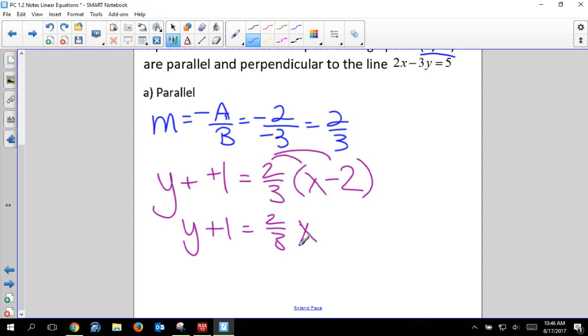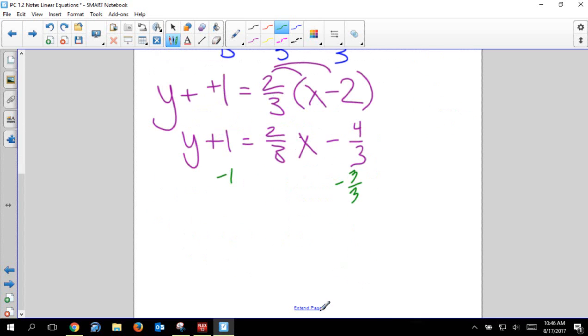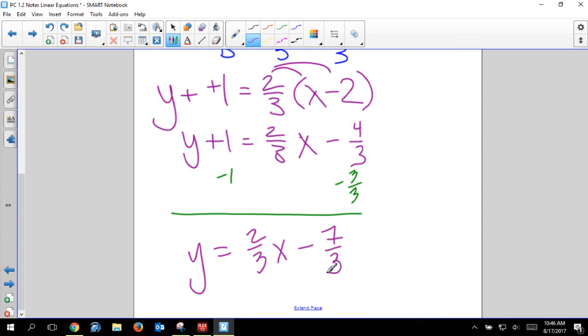Remember, when you multiply fractions, 2/3 multiplied by 2, you have to make that 2 over 1 and go straight across to multiply: 4/3. We have to subtract 1, which is the same thing as subtracting 3/3. So we get y equals 2/3 x minus 7/3.